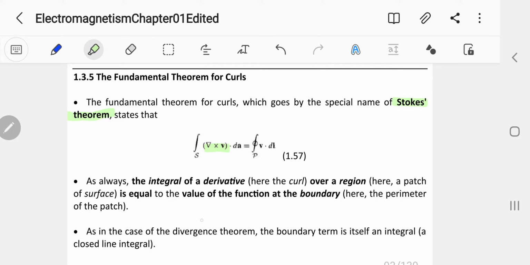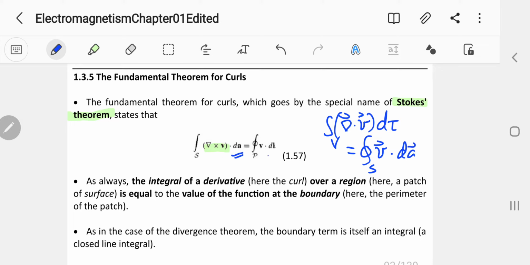The divergence theorem, you have the integral of the divergence of v d tau over a volume, which is just equal to some surface integral of v dotted with dA. And this one is a surface integral, and then you have a line integral.